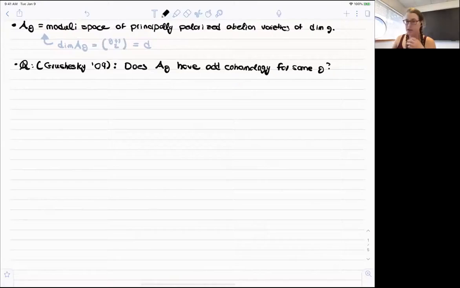Put differently, for some g, is there a non-trivial odd cohomology group of the moduli space of principally polarized abelian varieties of dimension g? I should say throughout this entire talk, unless I say otherwise, all the cohomology I'm talking about is just going to be rational cohomology. So really, I'm just asking whether this vector space is non-zero or not in odd degree.